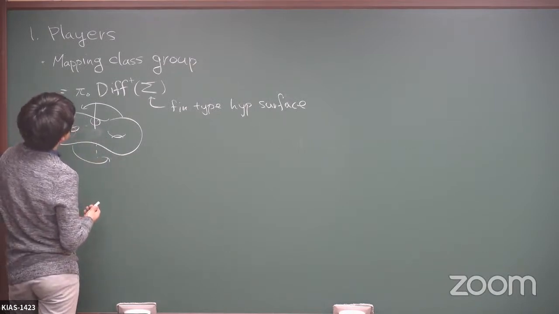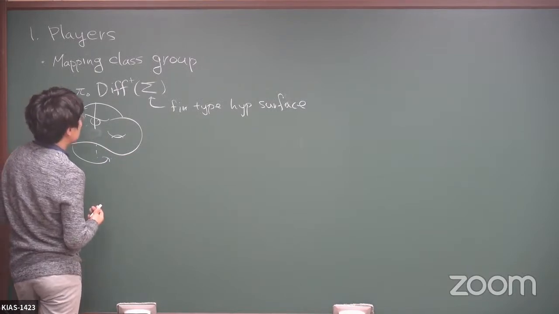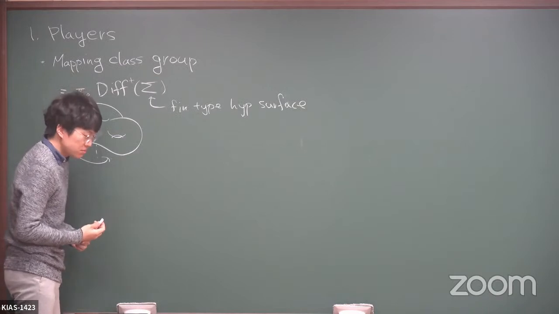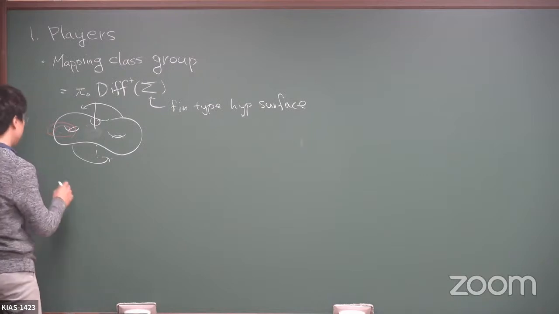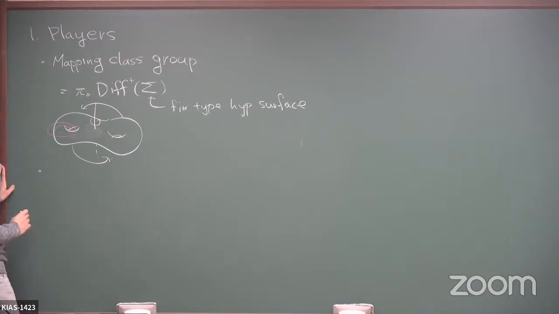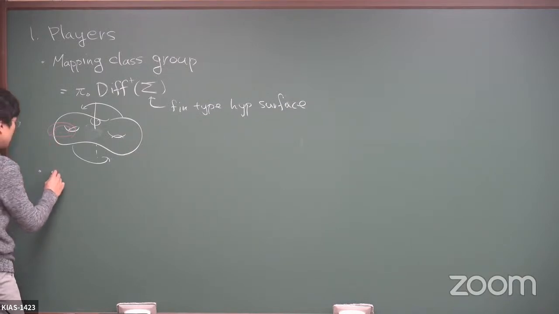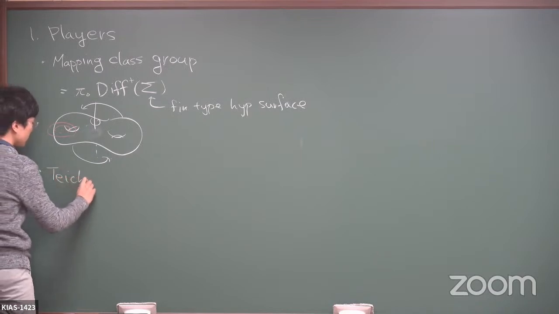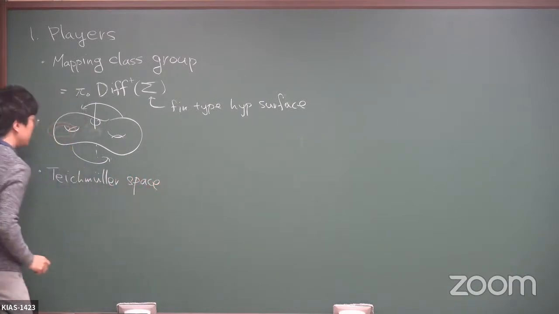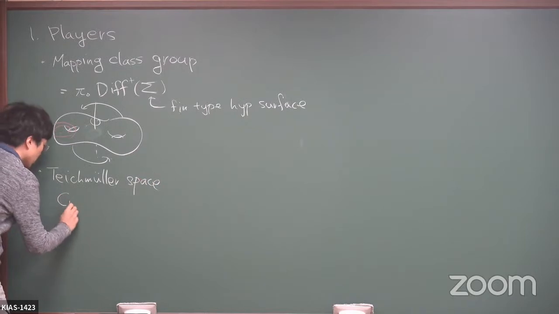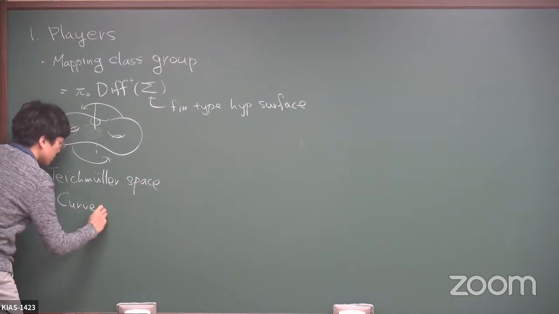And this group is particularly interesting because it arises, for example, in the study of three-dimensional manifolds, and it's a part of Thurston's great program of hyperbolization. To study this mapping class group, we want to see its action on interesting enough spaces, including first a Teichmüller space, which is defined analytically, but there's also a companion space called the curve complex.